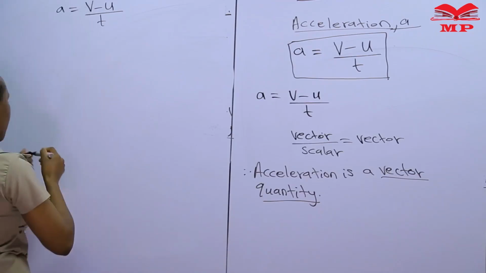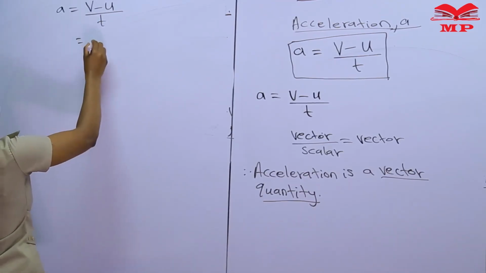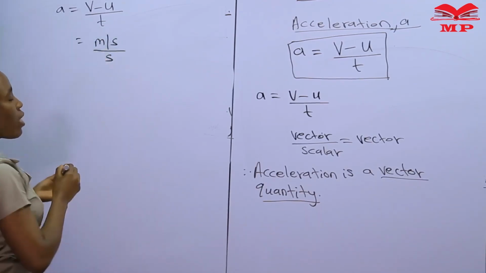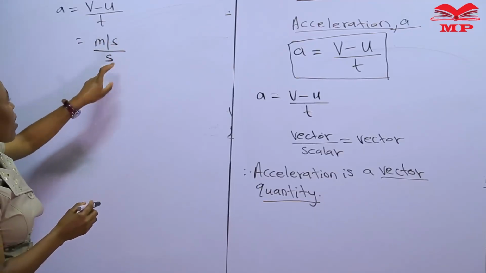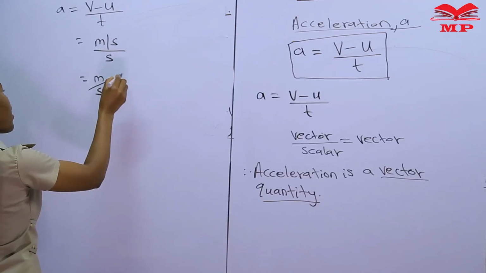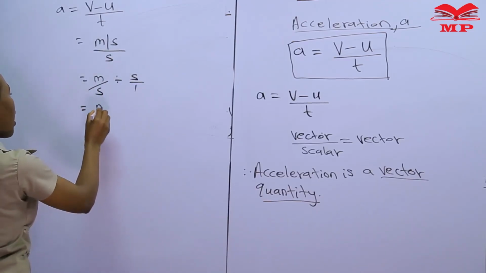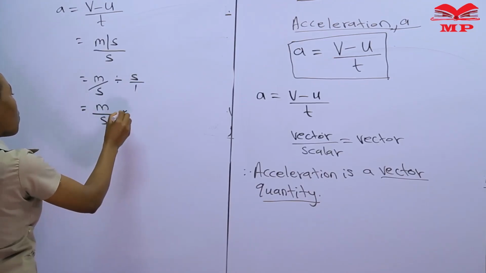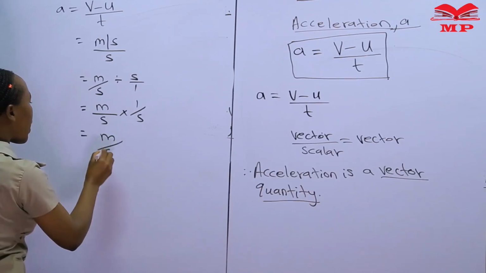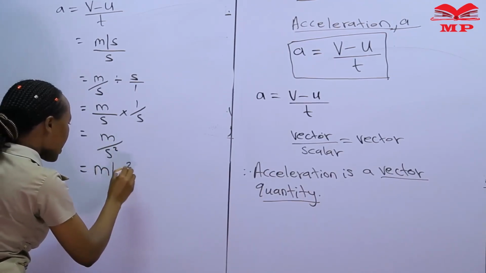The SI unit for velocity is meters per second, and the SI unit of time is seconds. So when we divide meters per second by seconds, we have meters per second multiplied by 1 over second. So we end up getting meters per second square. And therefore the SI unit is meters per square second.